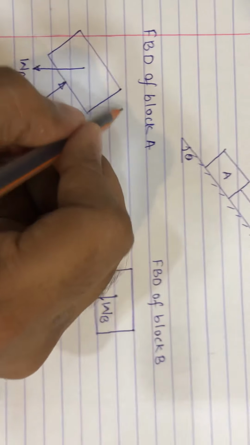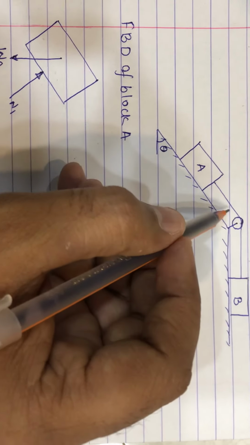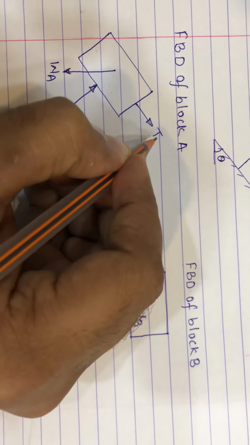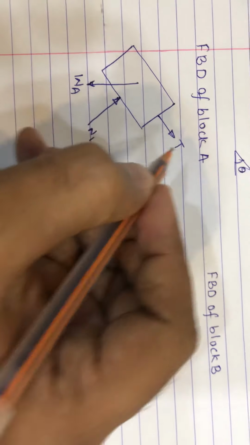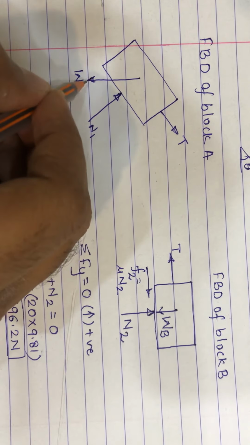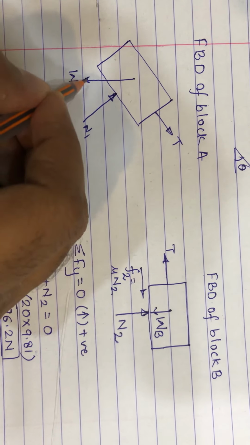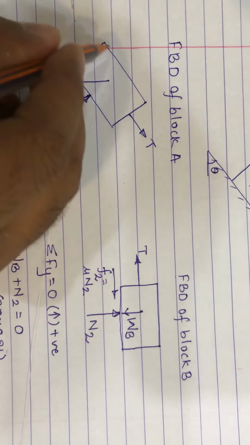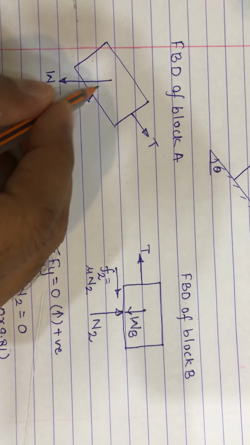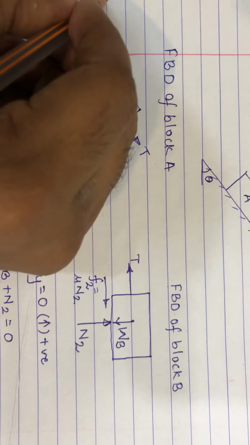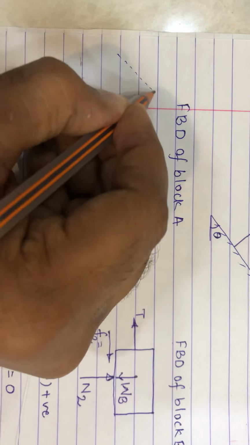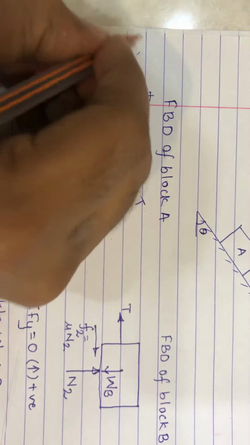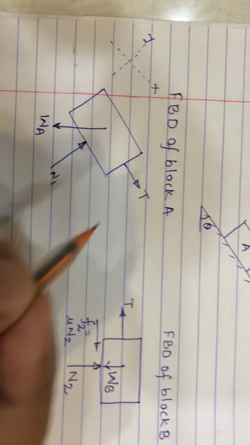There is a string connected, so the tension will act away from the body. As WA acts vertically and all the rest of the forces are inclined, we'll resolve WA and consider all the forces along these axes. This will be X and this will be Y.